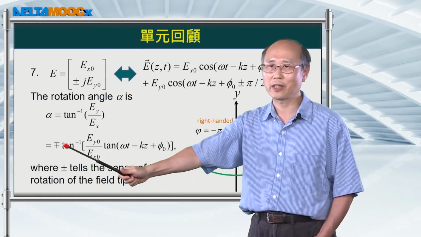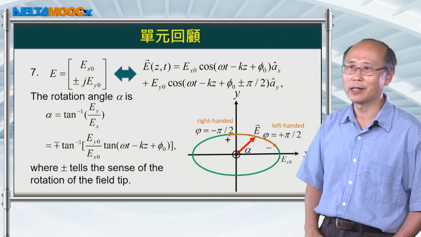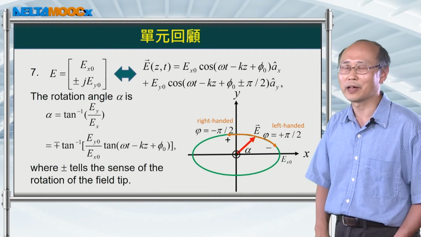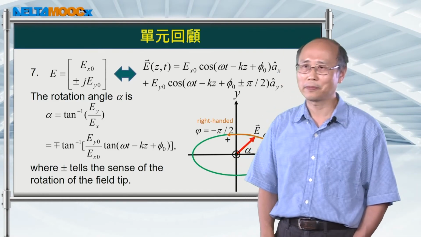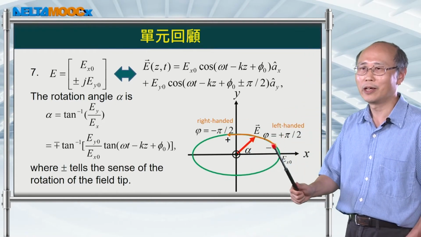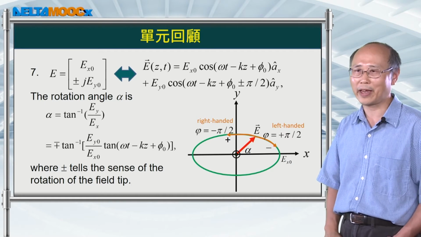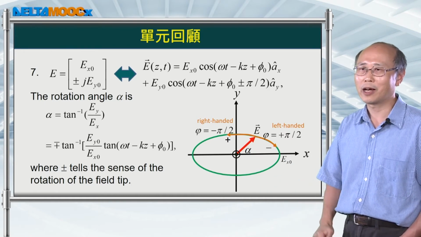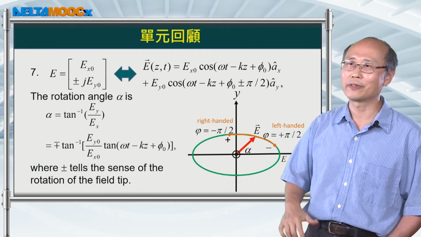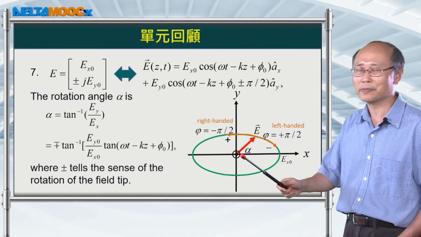If you pick up this minus sign in your calculation, then this electric field vector is going to rotate along the clockwise direction. And for these two rotation directions, you can use your right hand or left hand to describe it, if you point your thumb along the z direction of the axis.